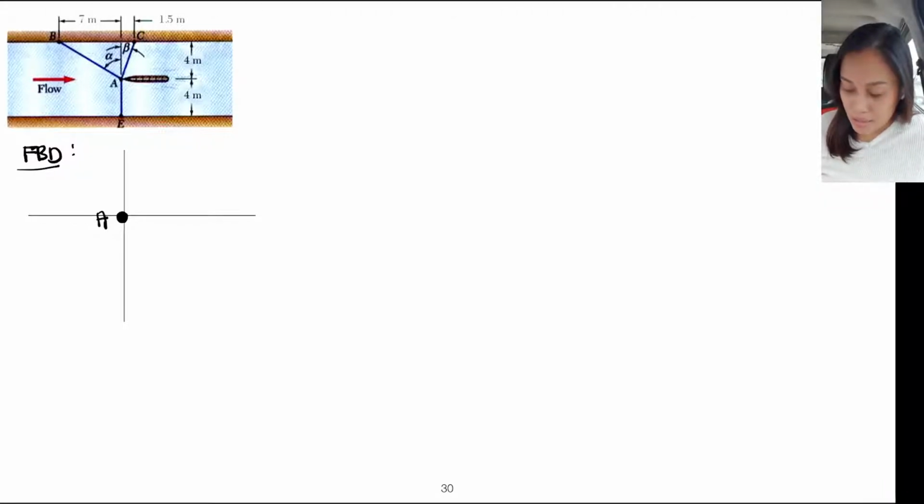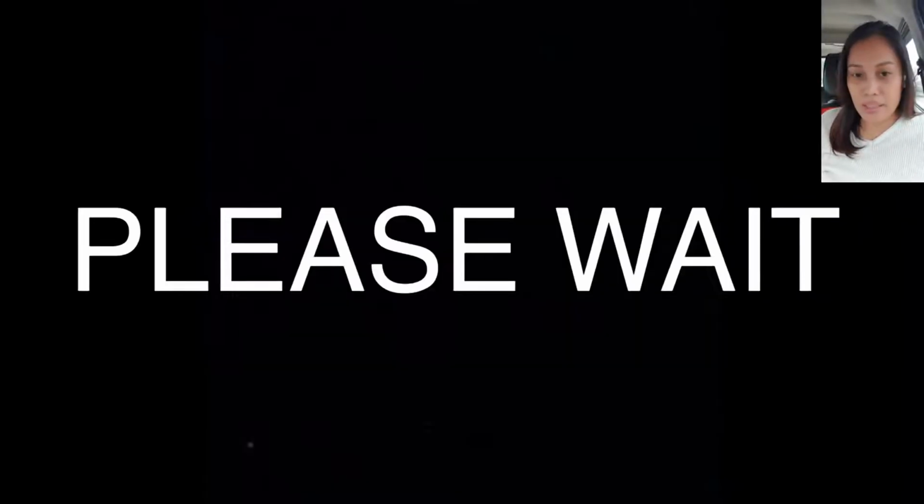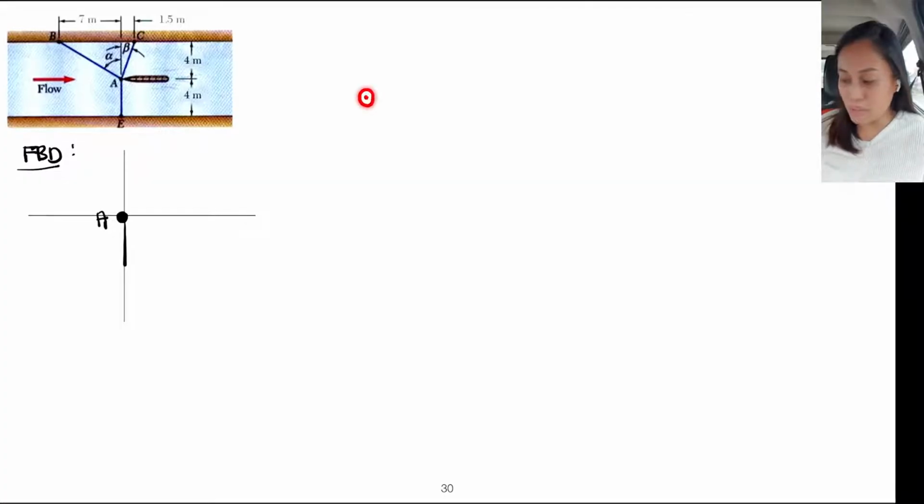Say AE, tensile force AE nga paubos. Tensile, ay rope man ni siya. Pag naa kay tensile force, kung naa kay particle, kung mag-draw ka og tensile force gikan sa point, ga-point na siya away from the particle.